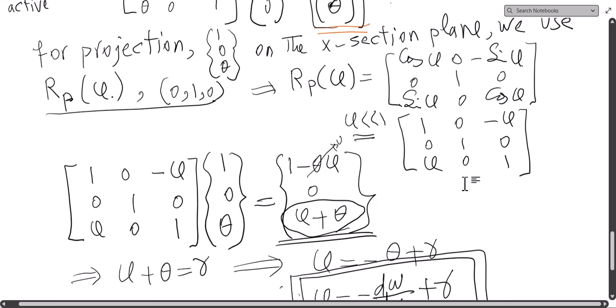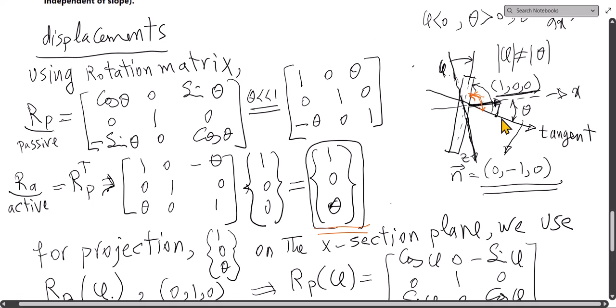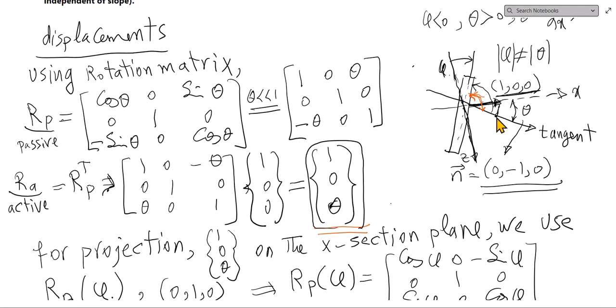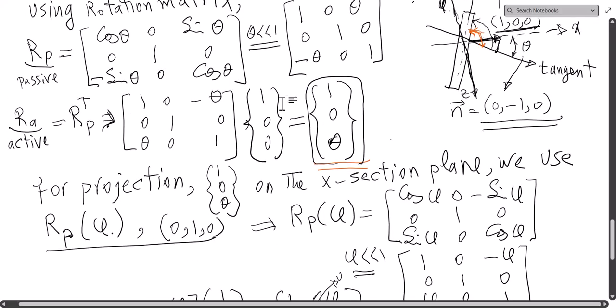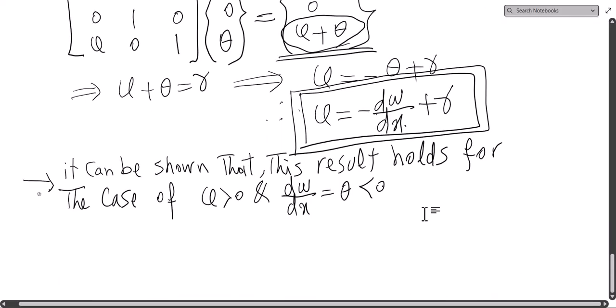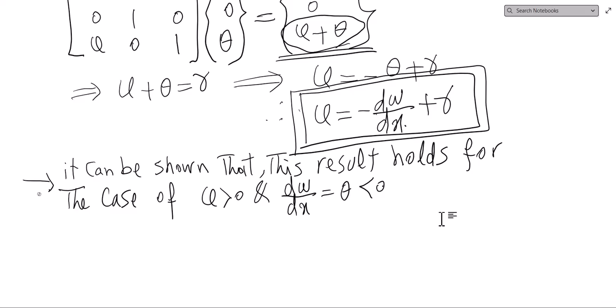But you can do the same procedure, active rotation of a material point along the beam's axis, and then projecting it to the rotated cross-sectional plane the same way, one active rotation, one passive rotation of the result, and then you will get exactly the same. It can be shown. I will not go through it here, but it can be shown.